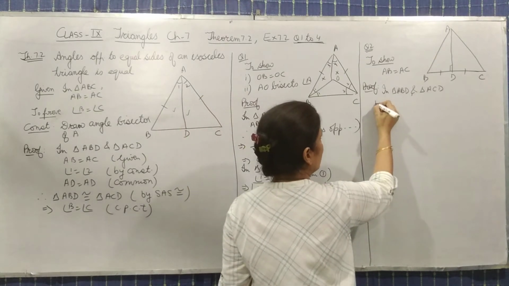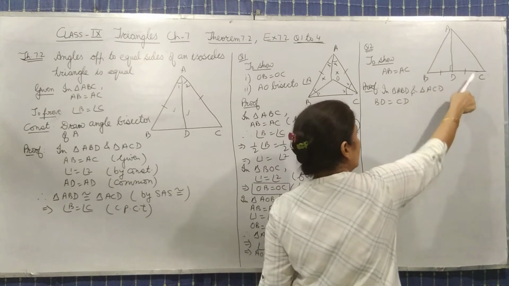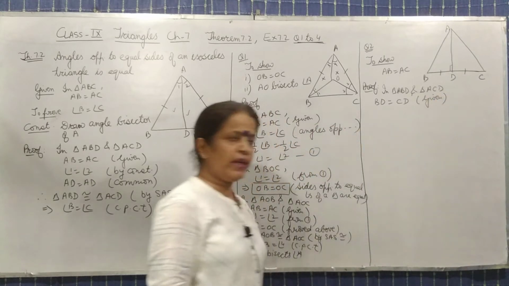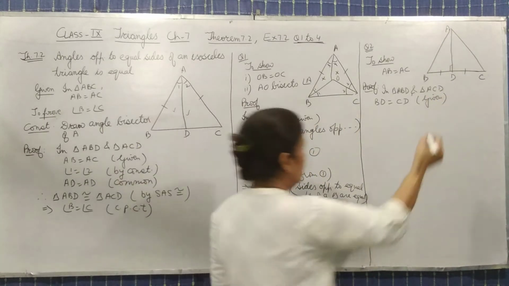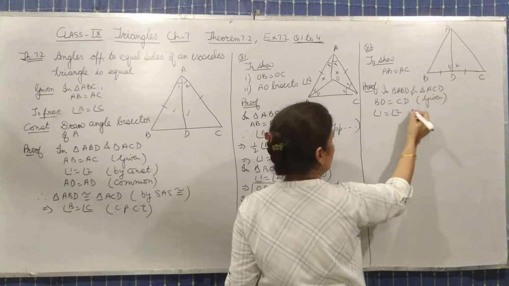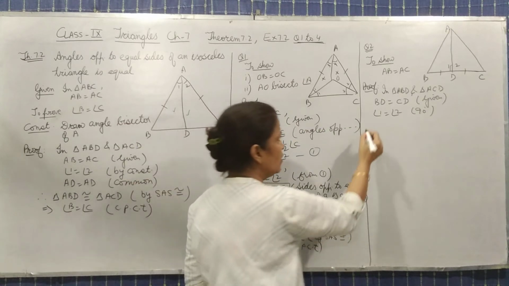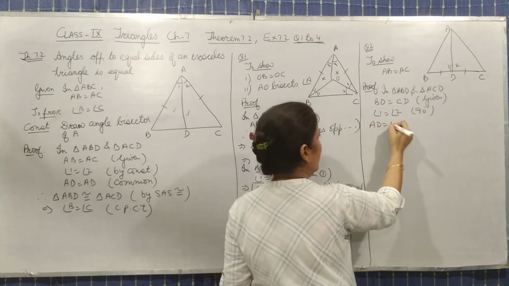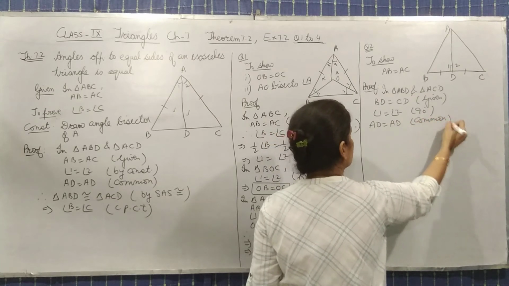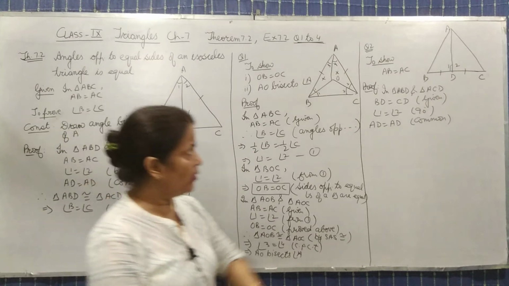So let's see how can we prove it. Tell me. BD equals CD, given. What should be the next thing which you can take? Name it as angle 1 and 2. Angle 1 equal angle 2, 90 degree. And the third thing, AD equal AD common. So by which congruency? कौन सी congruency लग रही है?